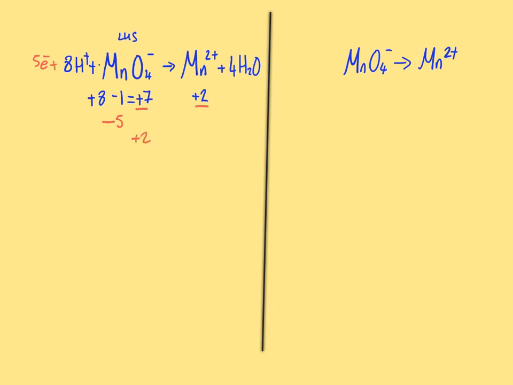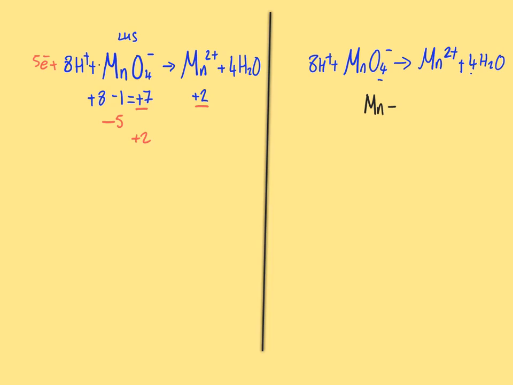Let's now use the oxidation number method, but before we do that we must balance for atoms. So our 4 oxygens here become 4 waters on this side, and our 8 hydrogens become 8 H plus on this side. So let's now work out the oxidation state of the manganese on the left hand side. So when we add the atoms up, the overall charge, which is -1, must equal the charge on the ion.